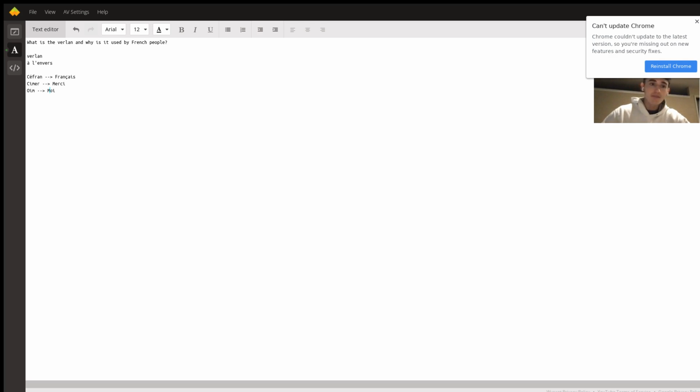Okay. And going back to the Verlan à l'envers, the reason why I put that is because à l'envers means backwards. So à l'envers literally means backwards. And the name of what the Verlan is, where we categorize all these words under the Verlan, is actually a backwards of the backward.